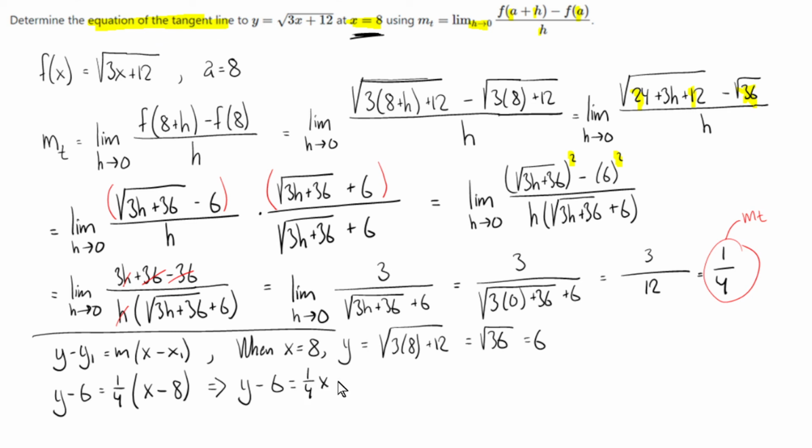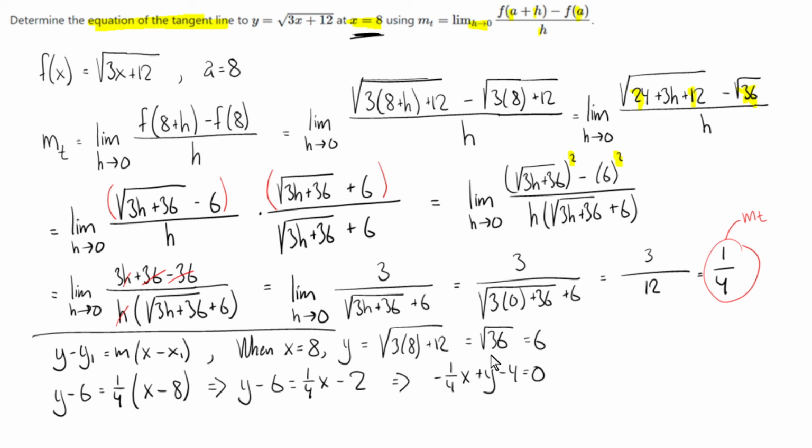So we get negative 1 quarter x plus y, and then we have negative 6 plus 2, that's negative 4, equals 0.